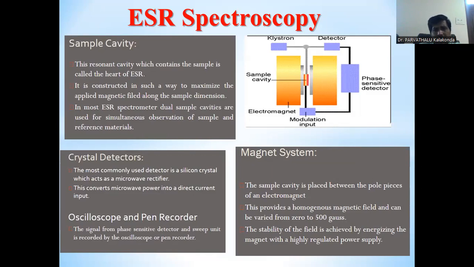It is made from a single silicon crystal and acts like a microwave rectifier. Rectifier means it increases the signals. And you also have the oscilloscope, where you are able to see the signal. And the magnetic system means how much magnetic field you can apply.